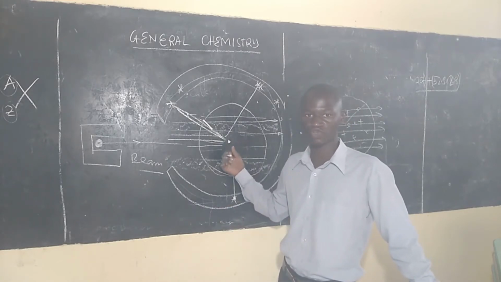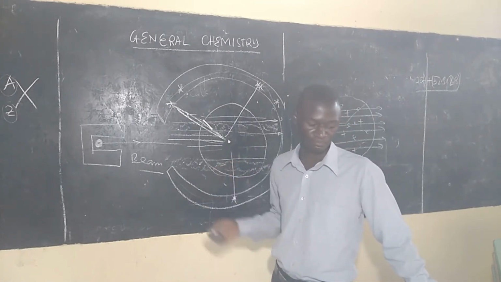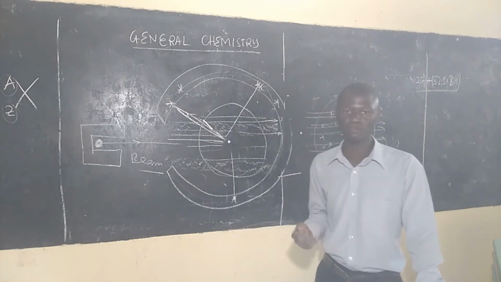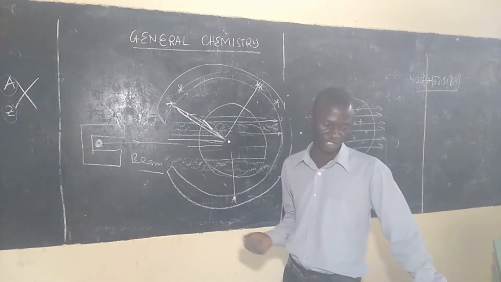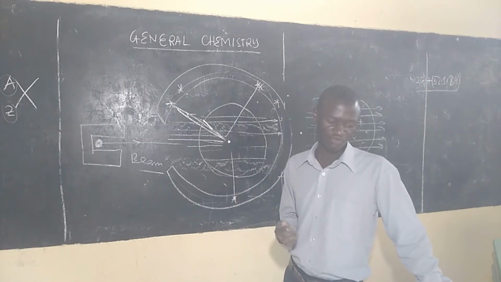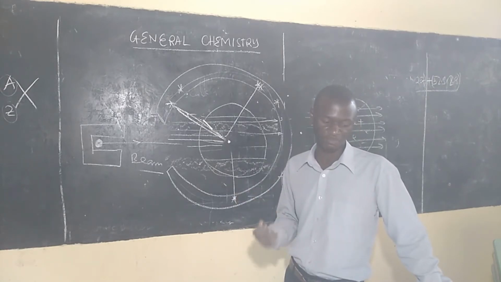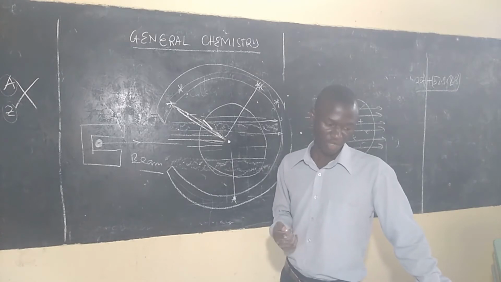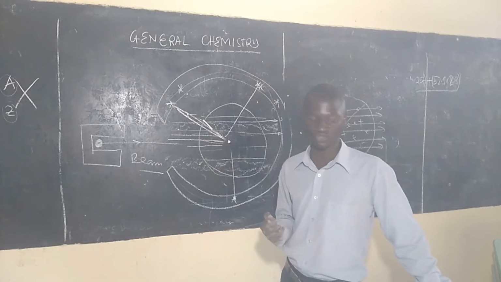Kama tulidiscuss kwenye observation pamoja na zile vitu ambavyo walikuwa wamesema kutoka kwenye observation. So conclusion ambazo tunazopata, an atom consists of extremely small, dense, positive charged particle called the nucleus, where the entire mass of an atom is concentrated.